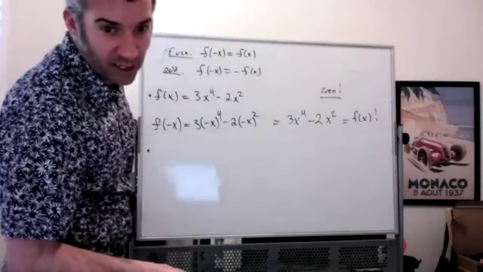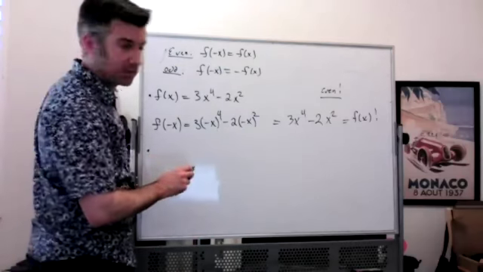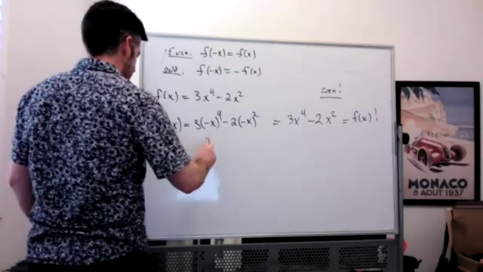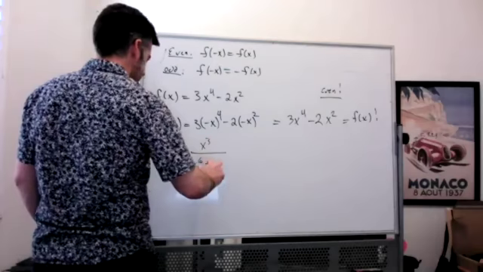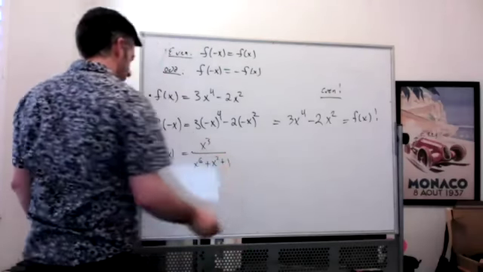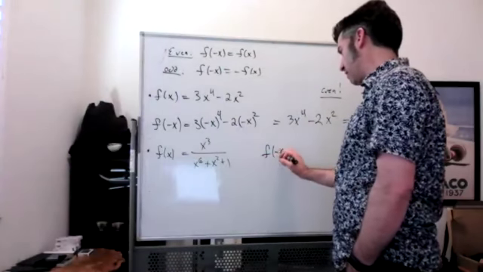What have I got? x cubed over x to the 6 plus x squared plus 1. Okay, so again, I'm going to start the same thing. I'm going to look at what is f of negative x.